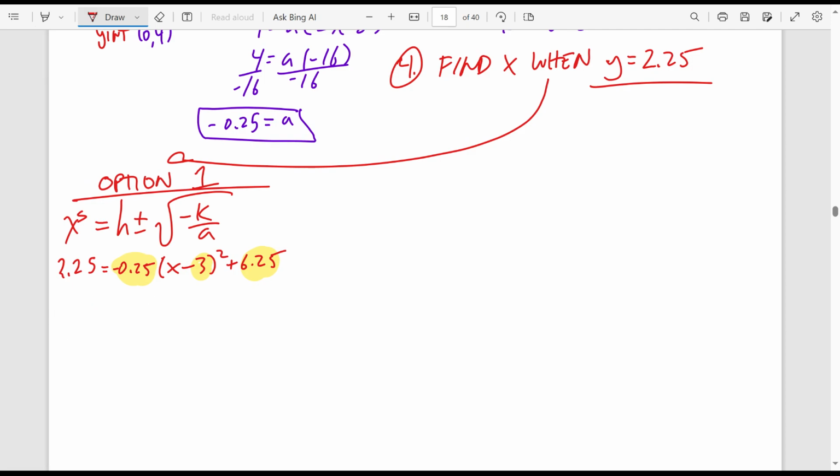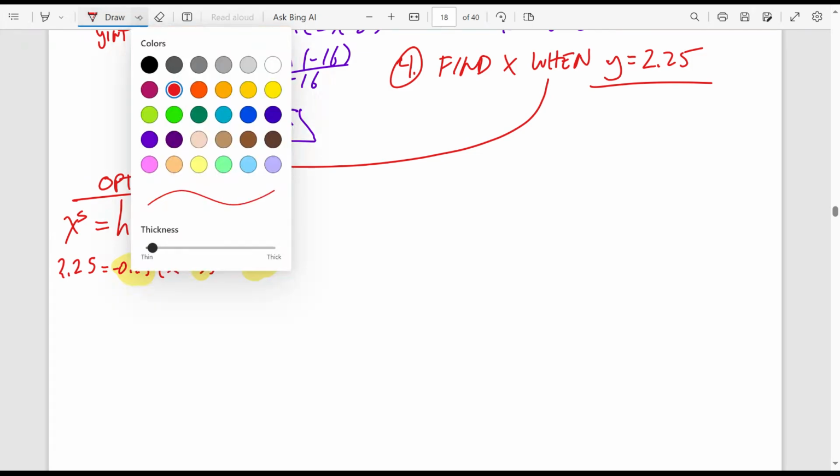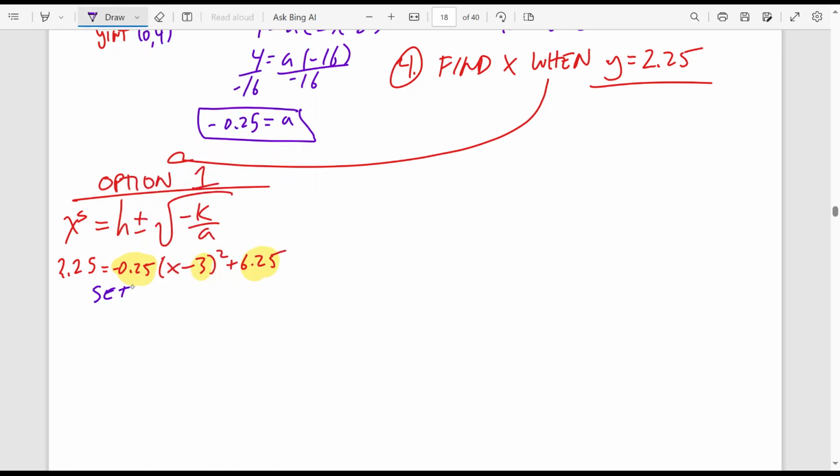If I want to use the h plus or minus square root of negative k over a, I am going to have to modify this equation, or I'm just going to write it right here, a phrase that we've already heard, set to 0. As in, this guy has to come over here and the equation needs to be set to 0.